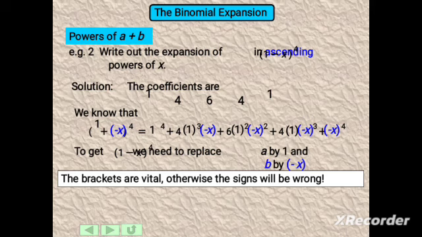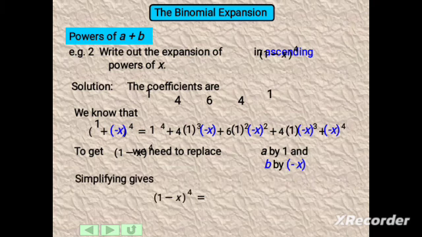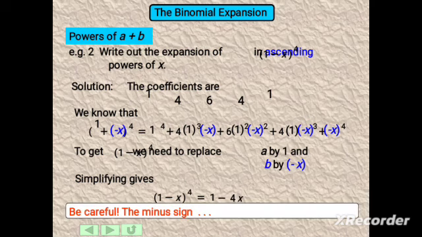So in that case, we will start with plus, and because x is in brackets, it's going to affect the plus which we started with. So if we simplify that, you now get 1 minus 4x. Remember, the negative you must be very careful with, because if you don't use it well, we will not be able to get the correct sign in between the expansion.